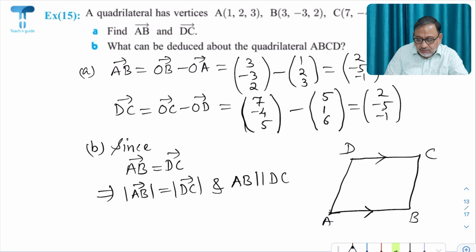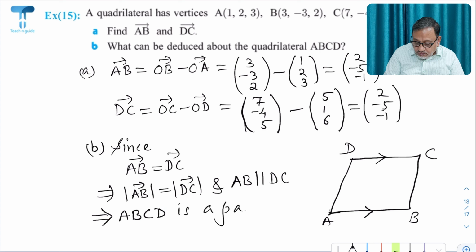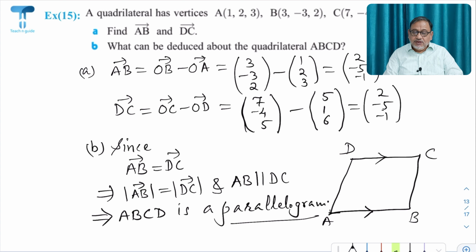Unless they are parallel, we cannot write them equal to each other. So they are parallel and equal, the opposite sides. Therefore, the other pair will also be parallel and equal. So this implies ABCD is a parallelogram. So like that we have proved that ABCD is a parallelogram.